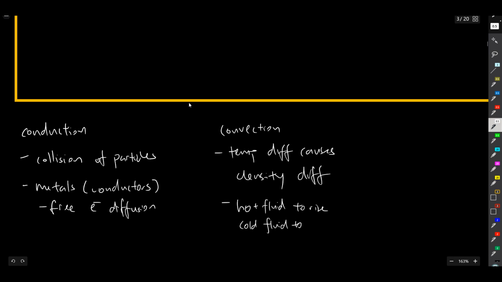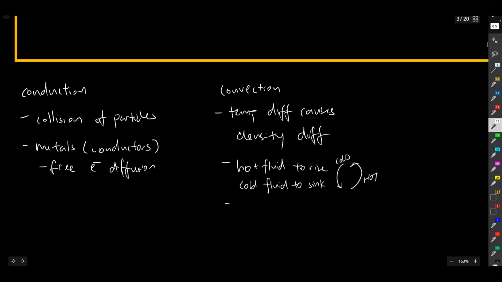And this entire rising and sinking, hot and cold, so you must talk about density difference every time you talk about convection. This hot fluid rising and cold fluid sinking creates a convection current. So this convection current is this thing over here.